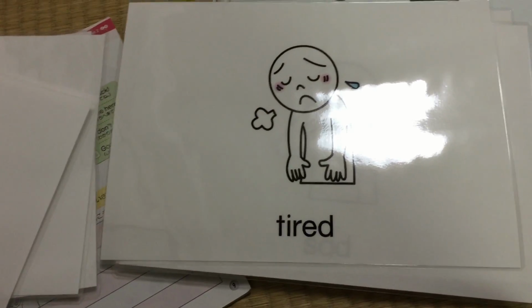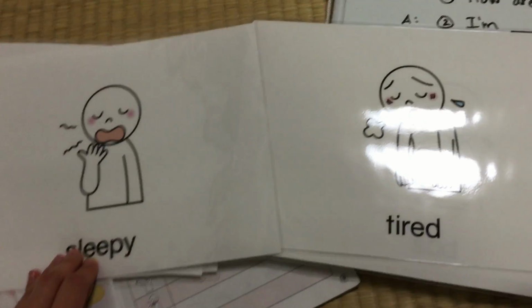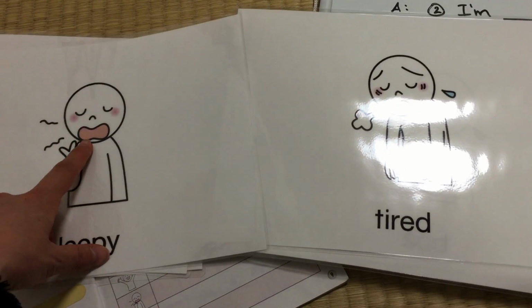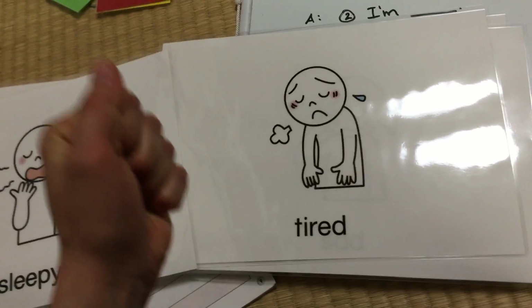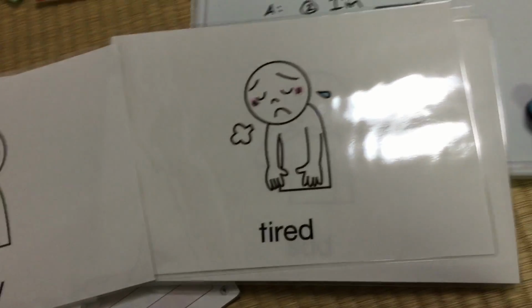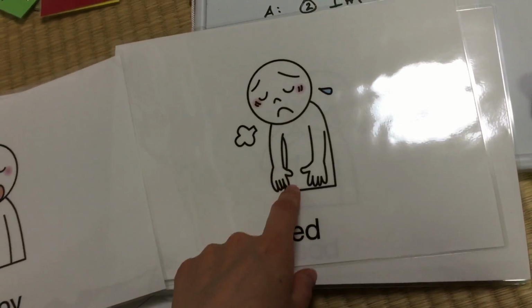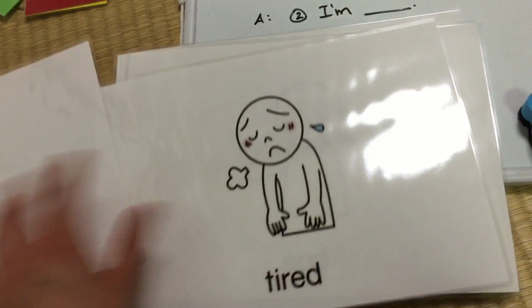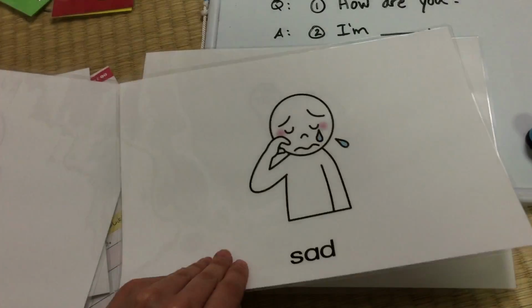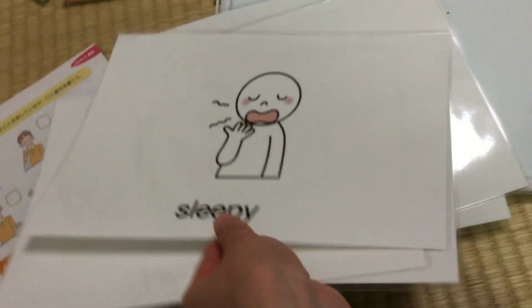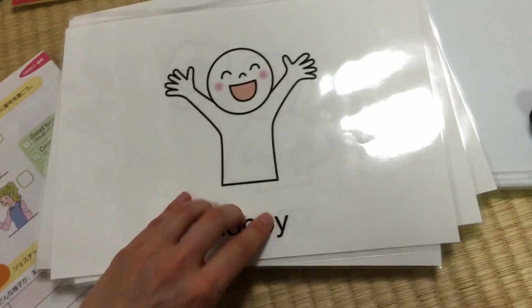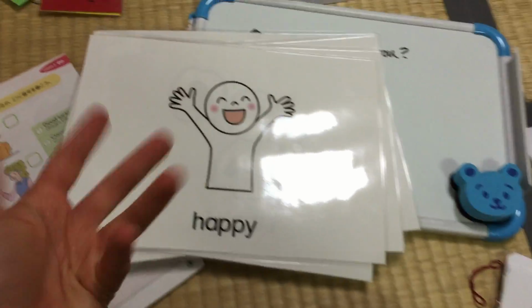I wasn't sure what the difference between sleepy and tired was, and then I realized sleepy is like you want to go to bed, and tired is where you've just been going and you have no energy, you're fatigued. So that's the difference between those. Sad, fine, and that's it. There's only 6 emotions, which also makes it pretty easy. So those are the 6 emotions that they want kids to know or be able to express.